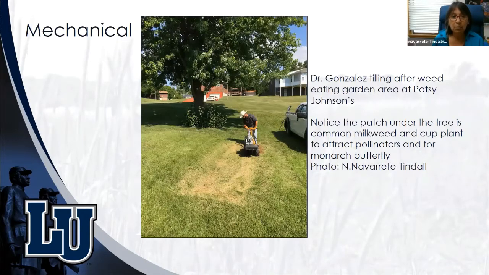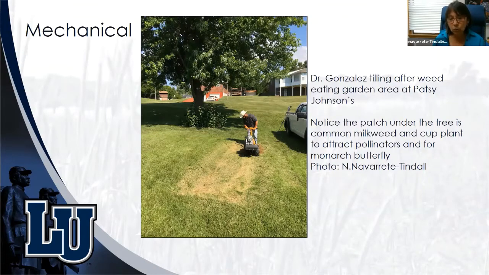And mechanically, one way to do it is just to use a weed eater. You can use tools too, but in this case, I want to show you today, Dr. Gonzalez was helping to create another garden at Patsy Johnson's place.